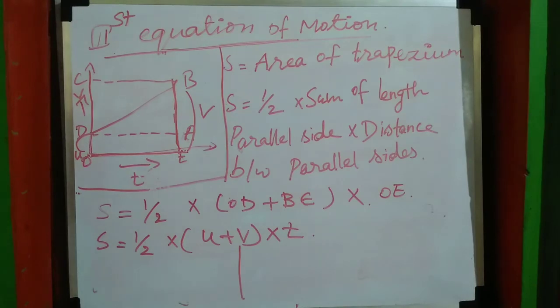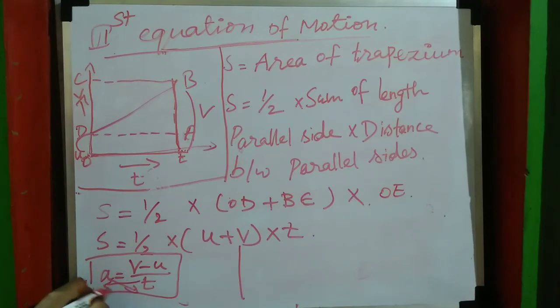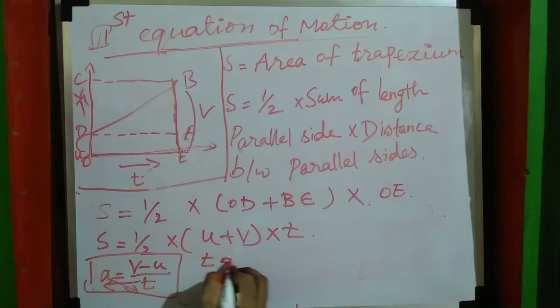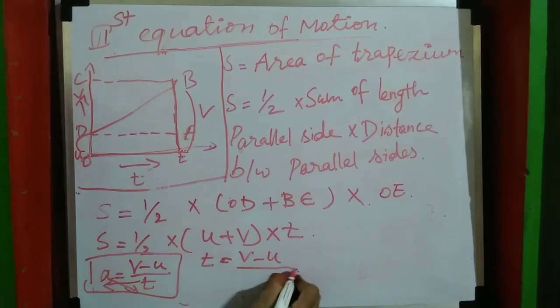You know the acceleration equation. a is equal to change in velocity divided by time. Exchange this value a and t. Write this equation, time equation. t is equal to v minus u divided by a.